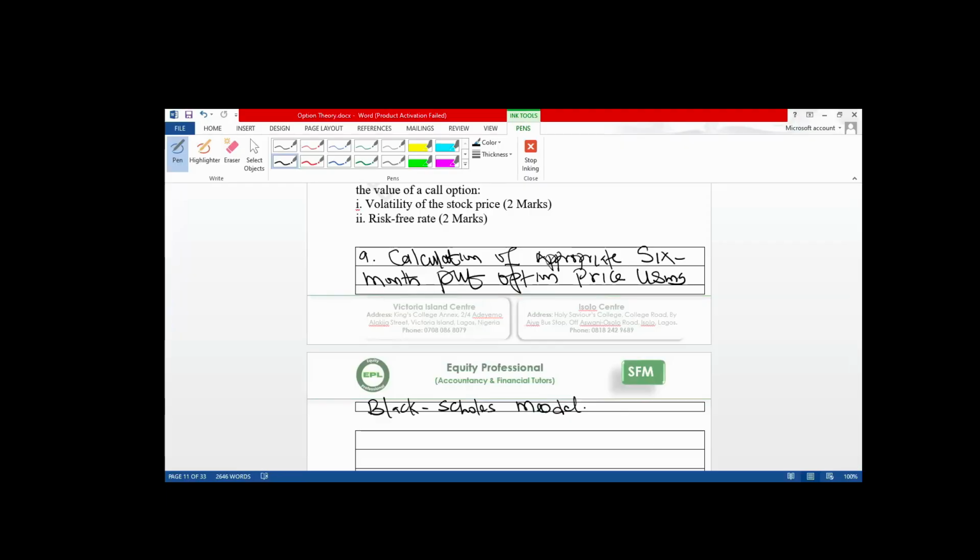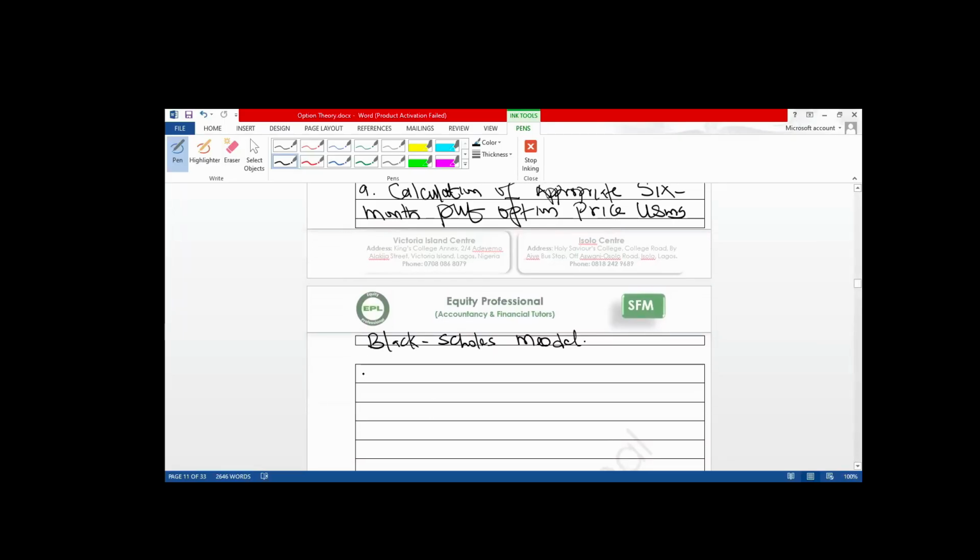What is the formula? If you are to calculate put option, P is equal to capital E, small e exponential raised to power minus RT, multiplied by N(minus d2), close bracket, minus X0 multiplied by N(minus d1).